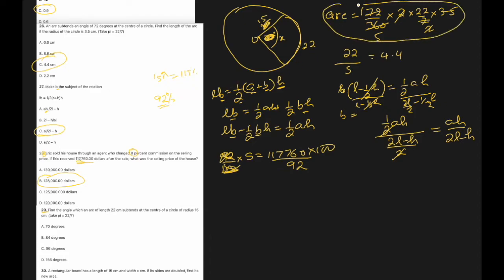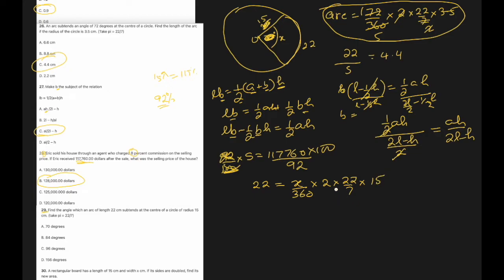Arc length is given this time: 22 equals X, the angle, divided by 360 times 2 pi r, and r is 15.